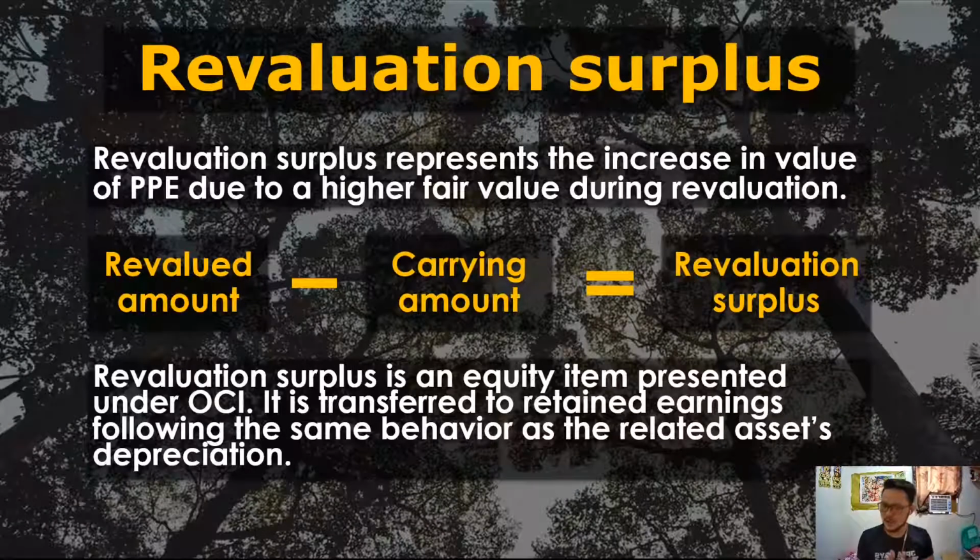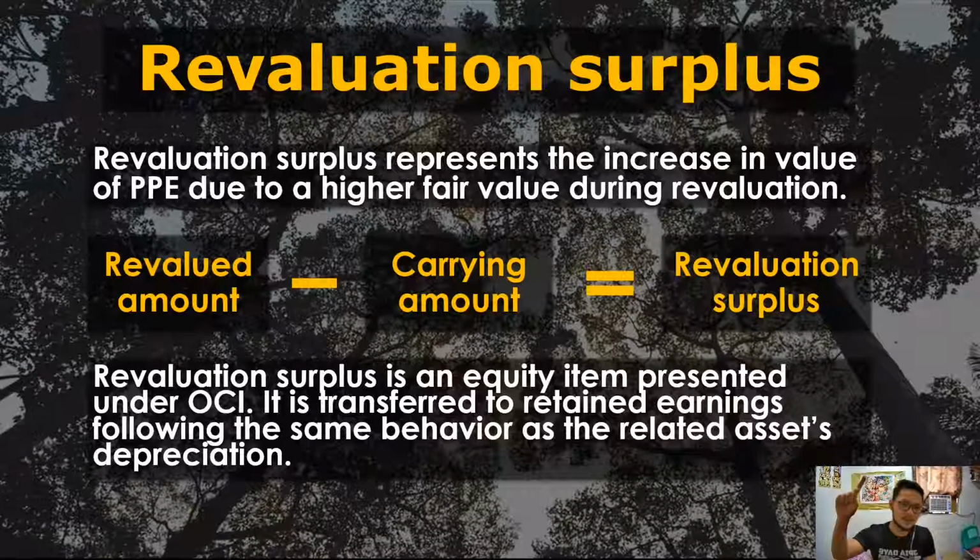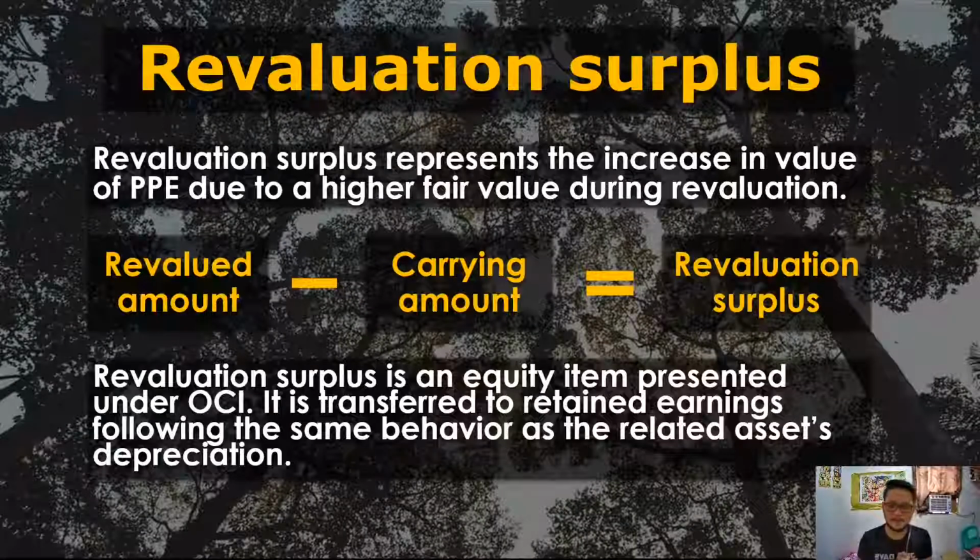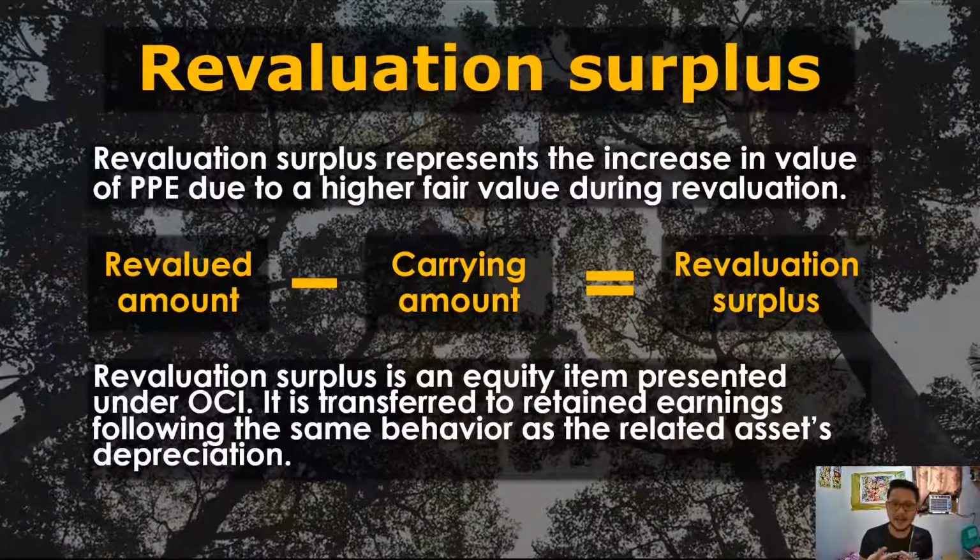So, OCI, other comprehensive income, is the second component of your statement of comprehensive income. So, statement of comprehensive income, unang-una dyan is you have your profit or loss plus OCI. Profit or loss plus OCI is equal to statement of comprehensive income. Well, the thing here is bakit kailangan sila i-separate? Itong profit or loss po kasi, that is going directly into retained earnings.